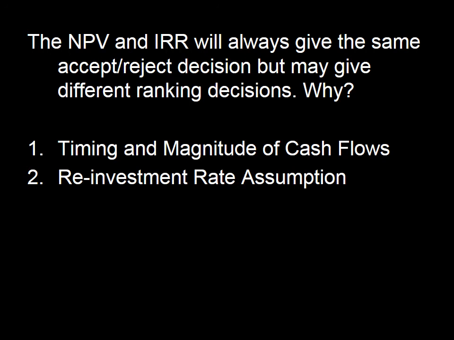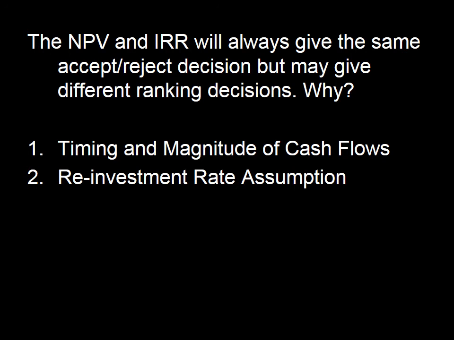Okay? They will agree when it comes to whether or not a project is acceptable or whether it should be rejected. Okay, and that's what we mean by accept reject decisions. And actually, to further add to that, you can also be sure that the profitability index will be greater than 1. They will all three agree as to whether or not the project is acceptable or not.